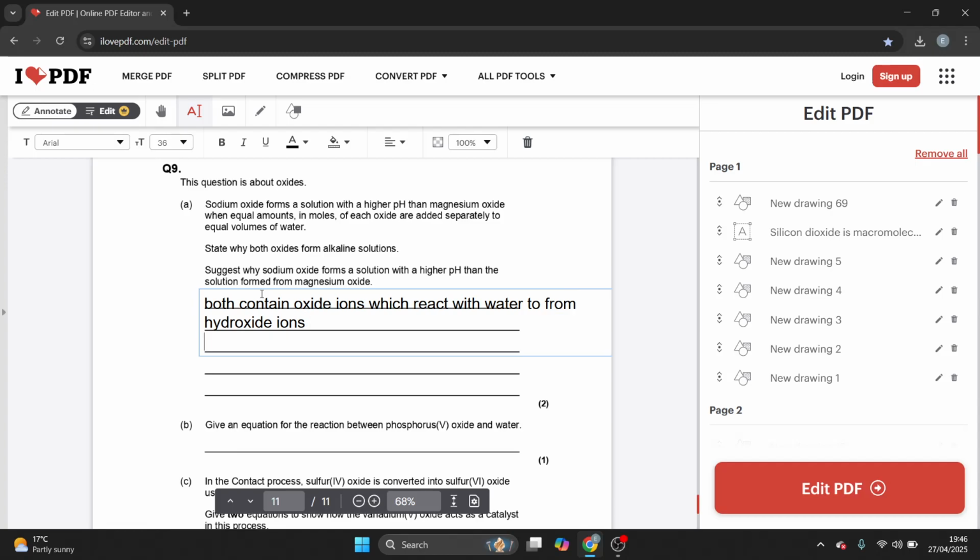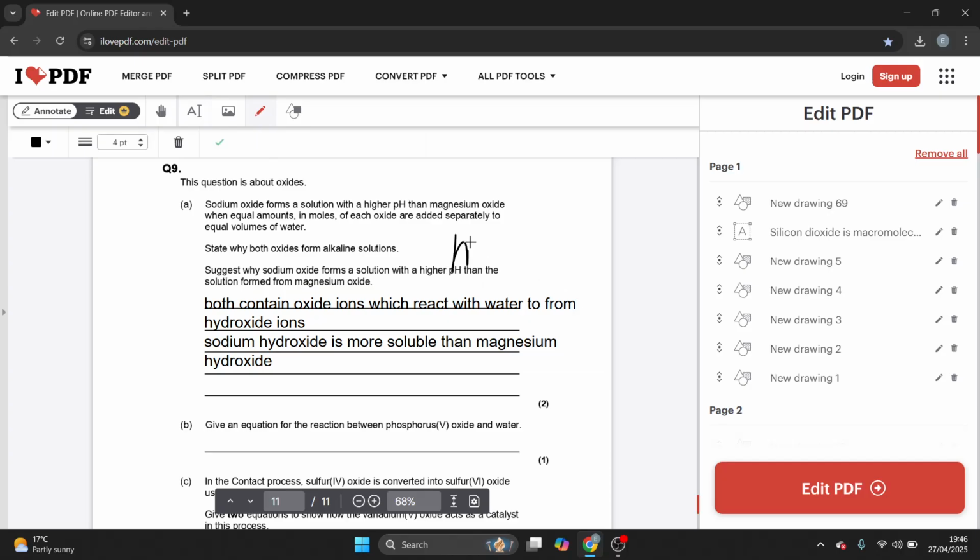And that suggests why sodium oxide forms a solution with higher pH than that formed from magnesium oxide: sodium hydroxide is more soluble than magnesium hydroxide. Remember, magnesium hydroxide is insoluble in water. I'm pretty sure it is.